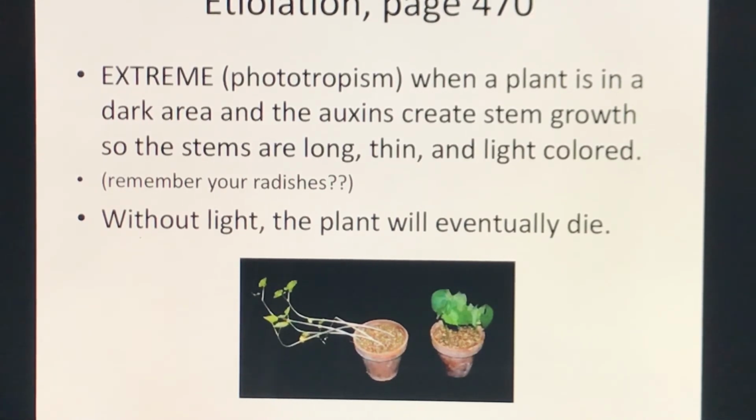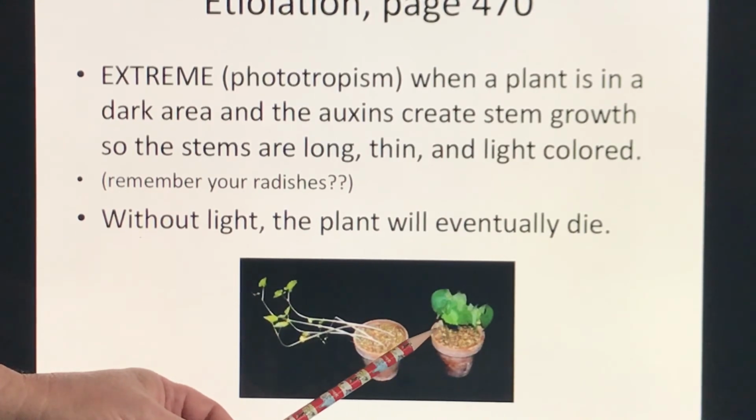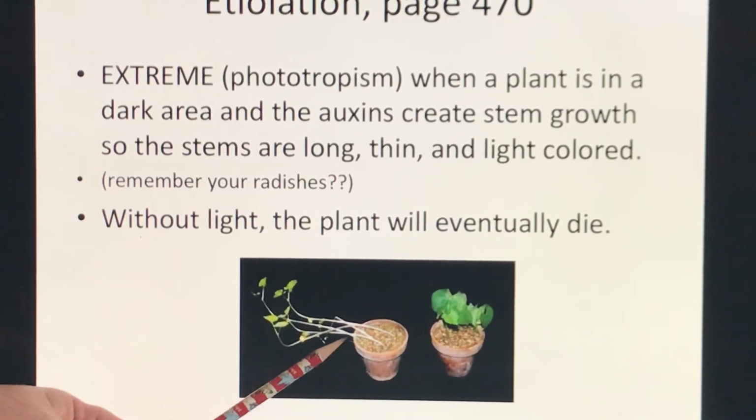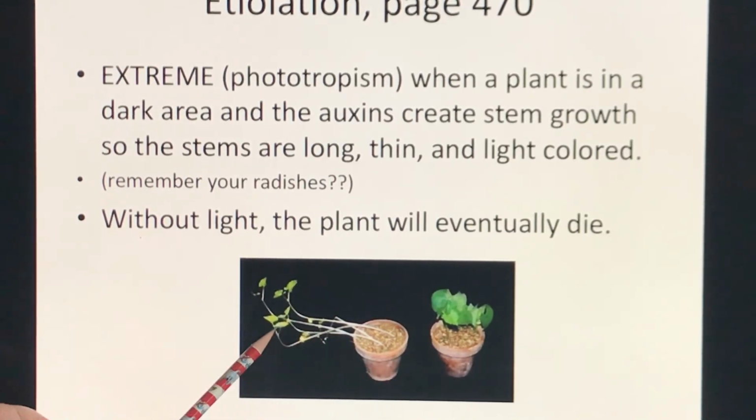And so now we have this interesting concept of etiolation, and that is this extreme phototropism when a plant is in a dark area and the auxins create stem growth, so the stems are long, thin, and light colored. Now in this case they have the contrast of 2 plants growing. This is grown in light, so it has shorter stems and full green leaves, whereas the ones that were grown in the dark, right, they grow these long, thin, whitish stems, and their leaves are definitely lighter.